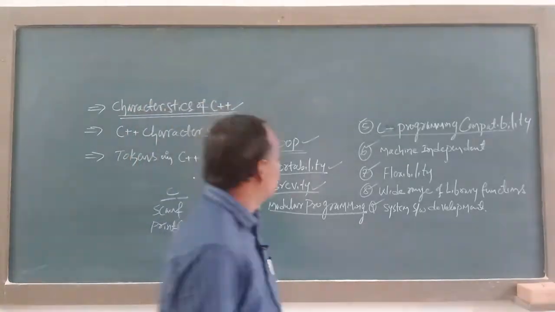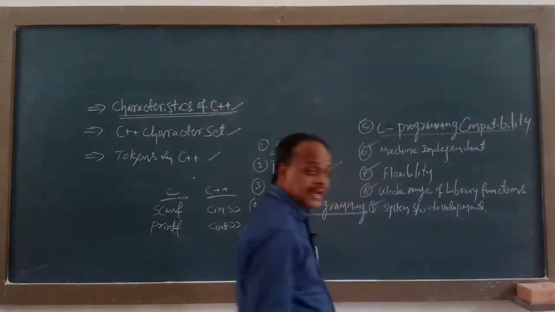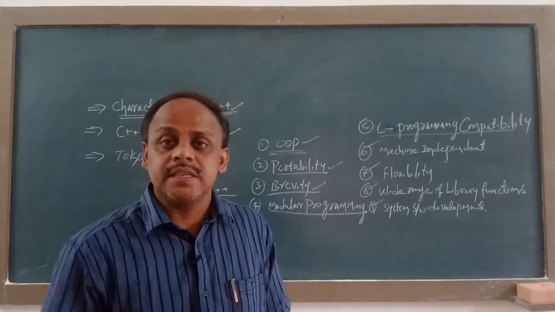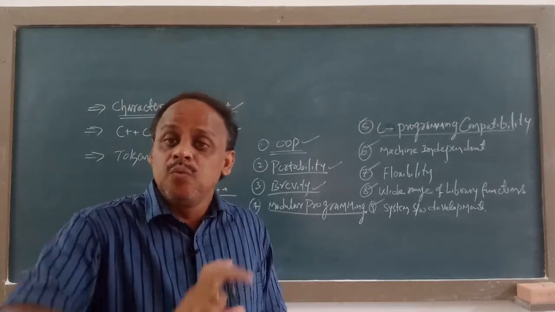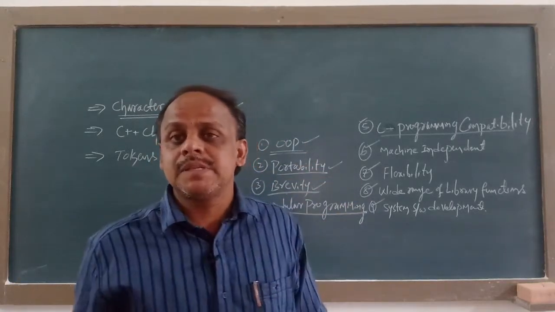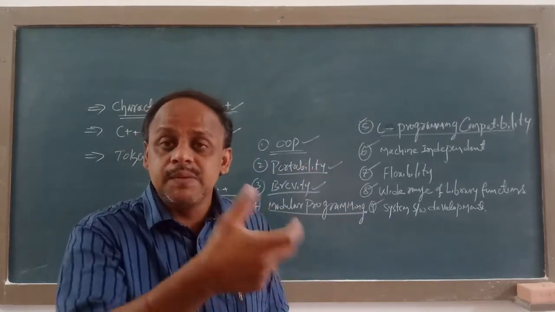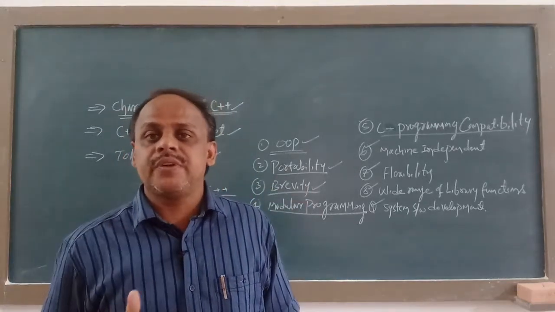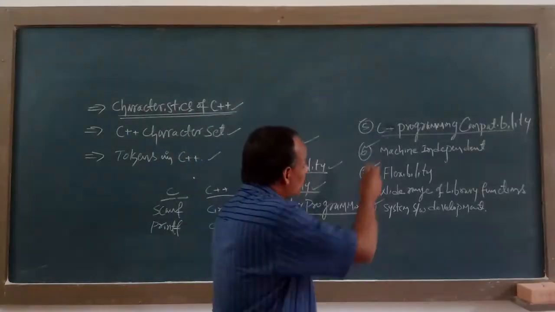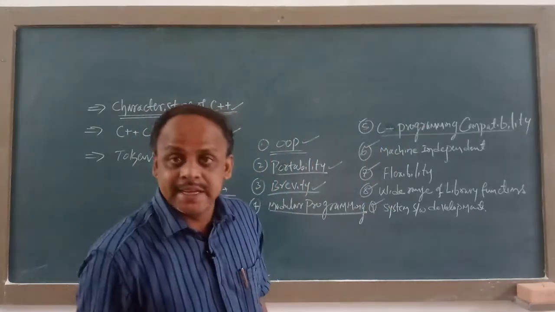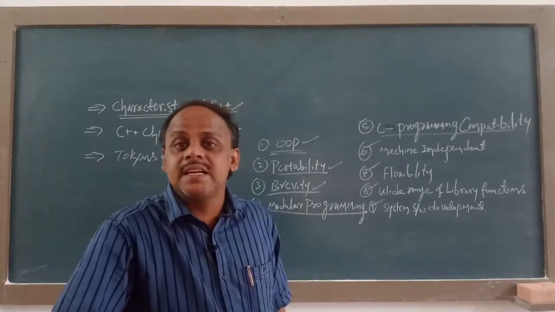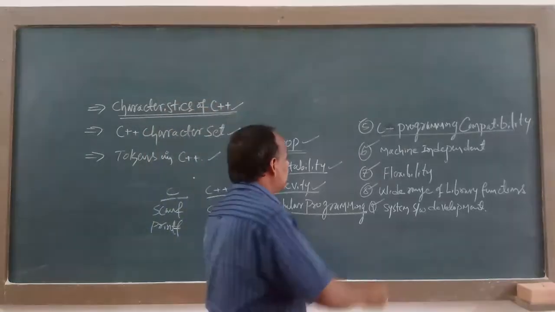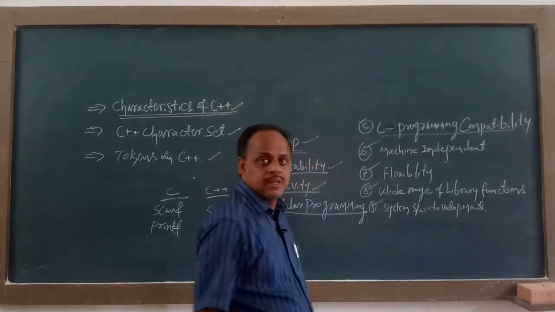It means that in C++ software we can run a valid C program. A valid C program is going to be executed in C++ software also. That's why it is called C programming compatibility. So this is also one of the characteristics of C++ programming, right?